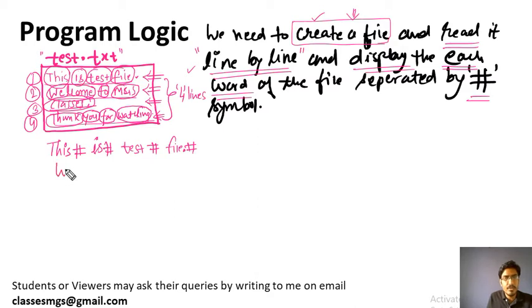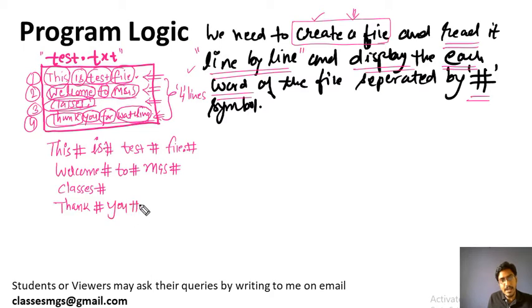Welcome, then hash; to, then hash; MGS, then hash; then the fourth line: classes, then hash; thank, hash; you, hash; for, hash; watching. So this is the output that is required.